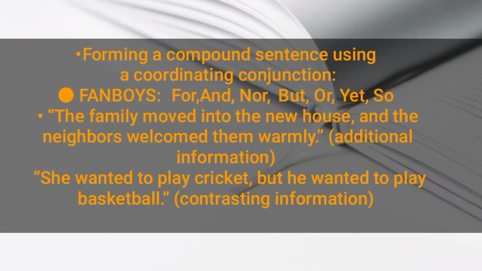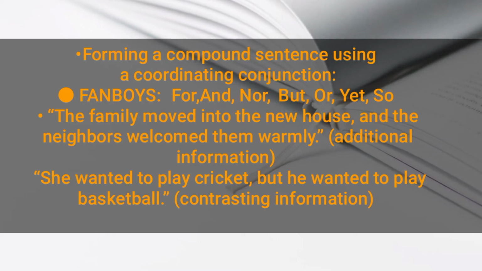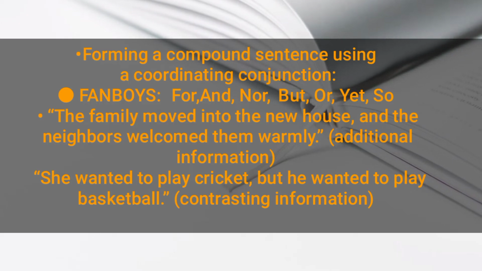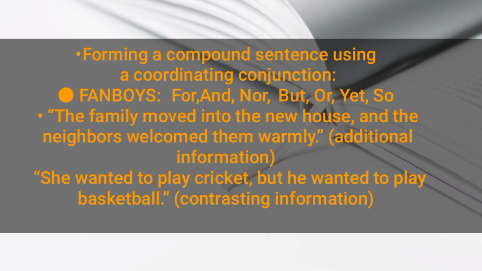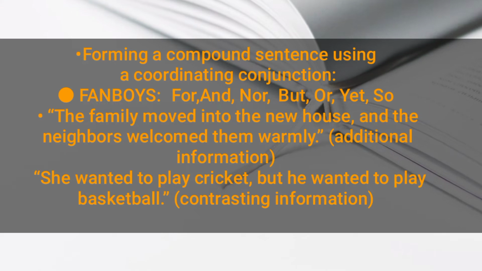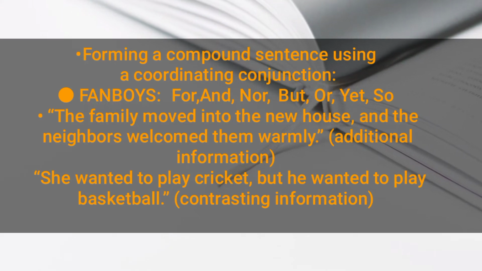For example, the family moved into the new house, and the neighbors welcomed them warmly. That shows additional information. She wanted to play cricket, but he wanted to play basketball. That shows contrasting information.